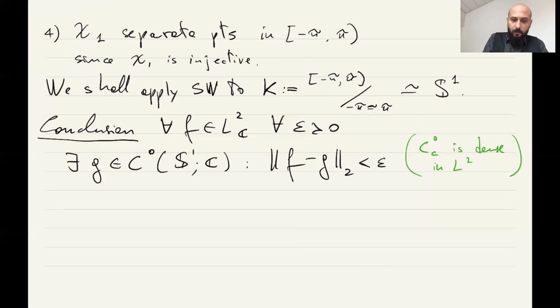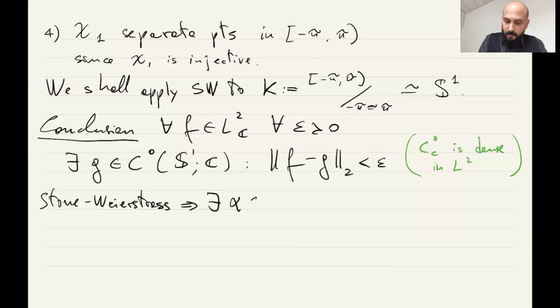Okay, and now we use Stone-Weierstrass. It implies that there exists alpha, a trigonometric polynomial, such that alpha minus g in the sup norm is less than epsilon.